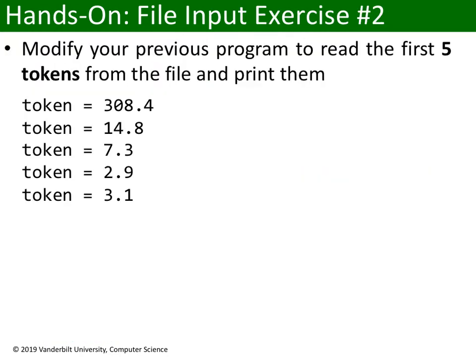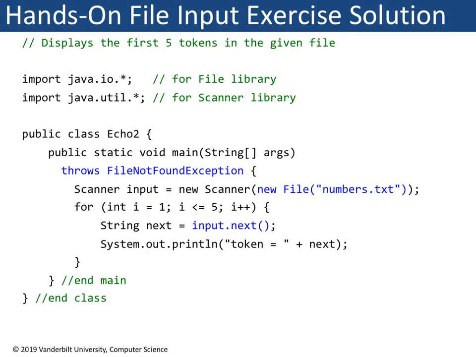Now let's modify this file to read the first 5 tokens rather than expecting them to be doubles. So here we've made the modifications. We are going to keep most of it the same. We're going to change the class name to echo2, and we are going to use a for loop to read the first 5 tokens.